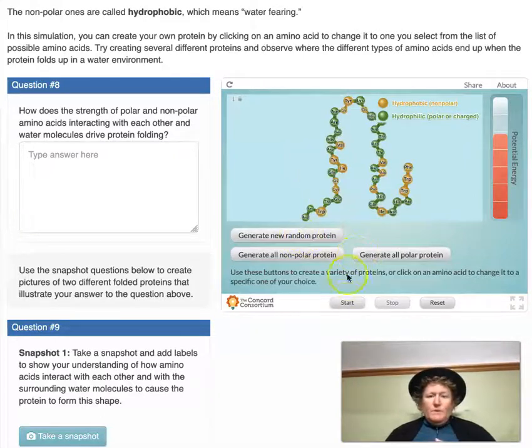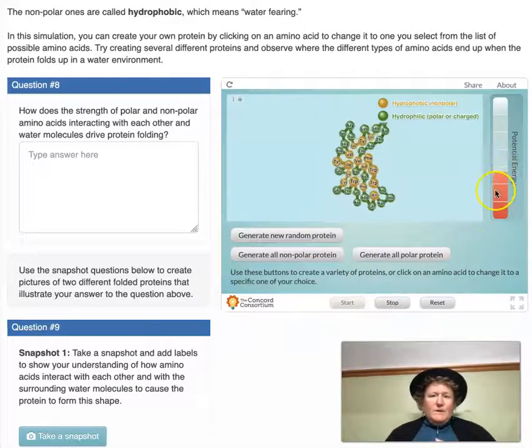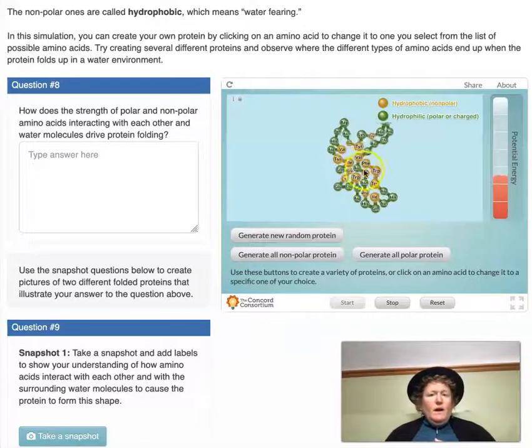Let's generate a new protein and see if that pattern continues. Look at what's happening to the potential energy here. We've got the polar, hydrophilic, water-loving amino acids on the outside. And we have the hydrophobic amino acids, which are nonpolar, right here.